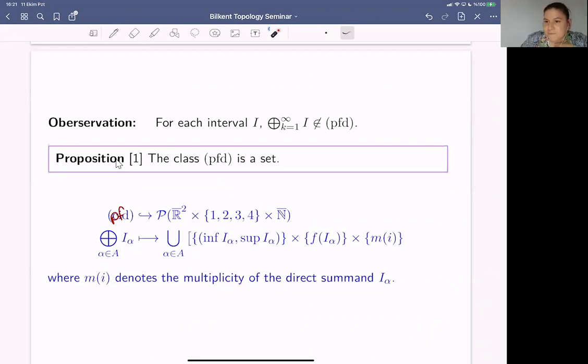So doesn't that mean you're looking at isomorphism classes of PFDs? Exactly. The isomorphism class of PFDs is a set. When I say pointwise finite dimensional persistence modules, I mean up to isomorphism. If M is pointwise finite dimensional, then I consider M isomorphic to the direct sum of interval modules. Then I am looking at isomorphism classes.